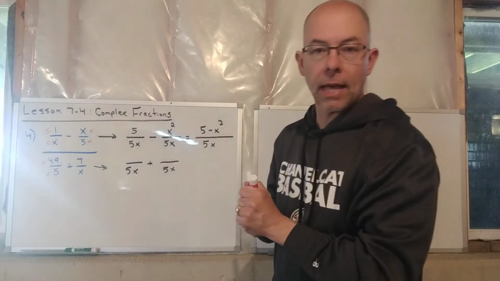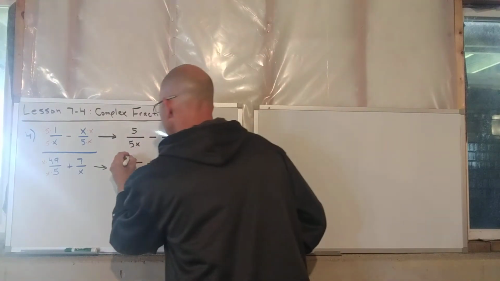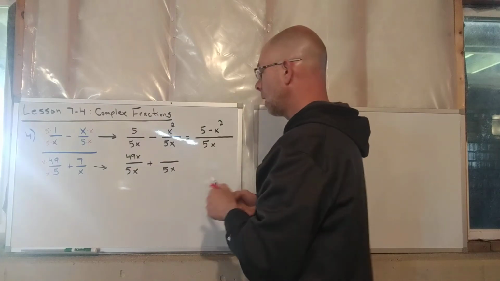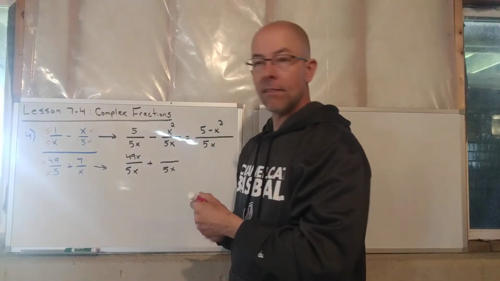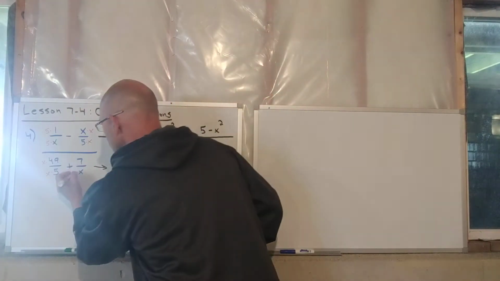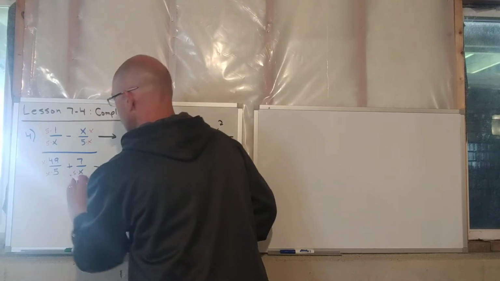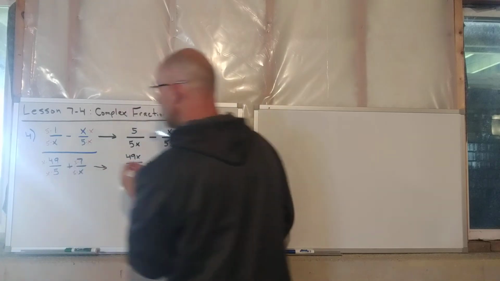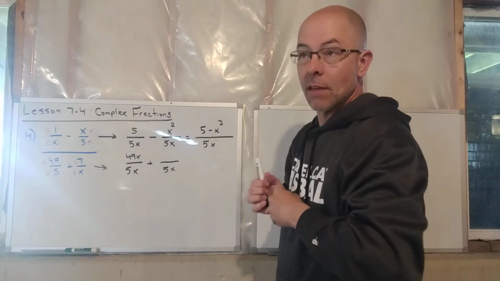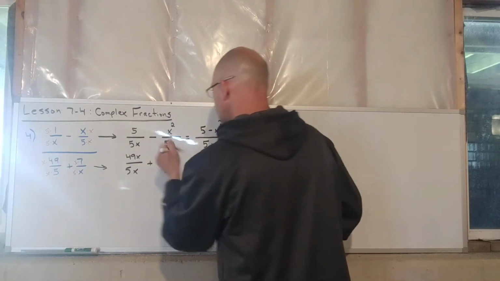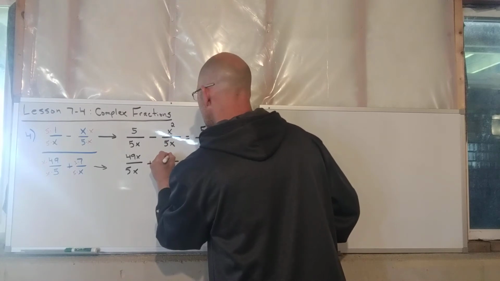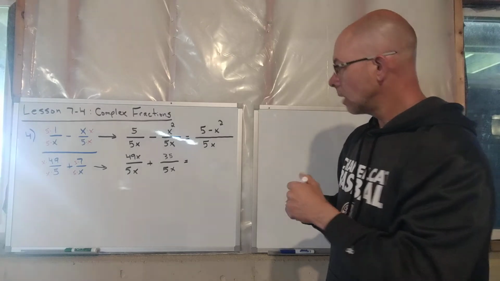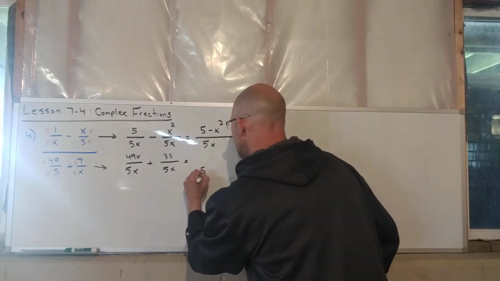X times 49 is 49x. How did this x become a 5x? Times 5. See? Times 5 makes that. So this is times 5. 5 times 7, 35. So we have our common denominator of 5x.